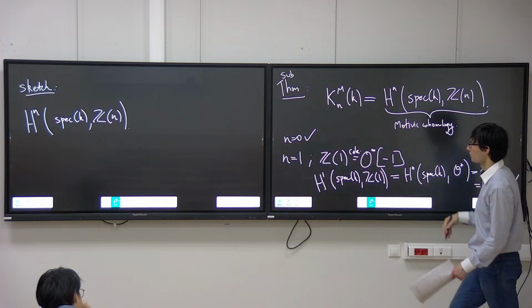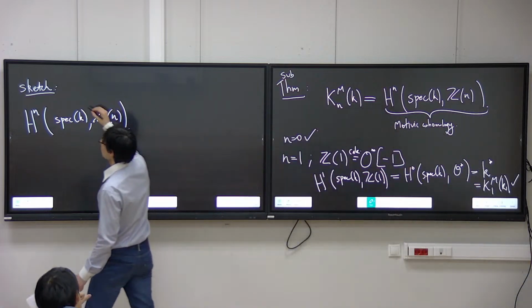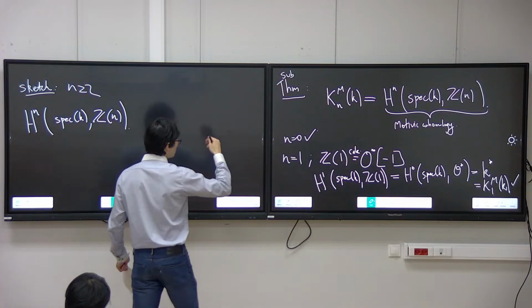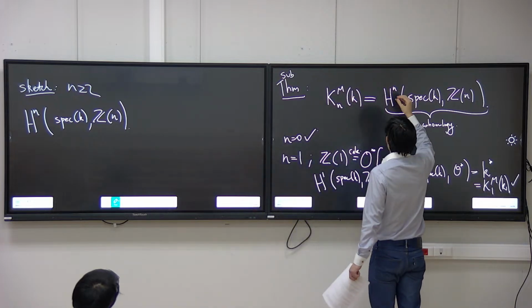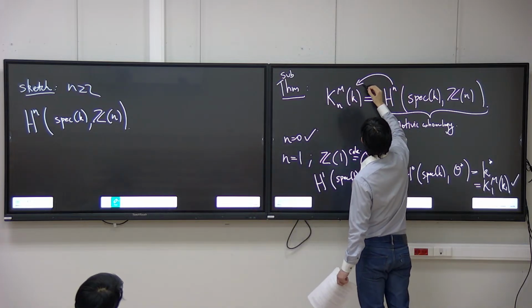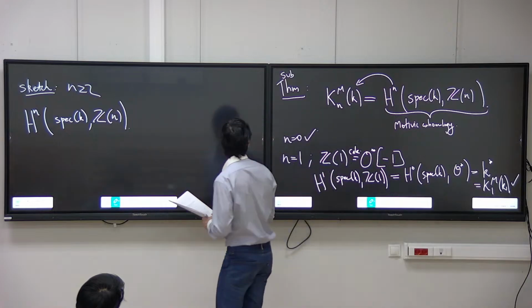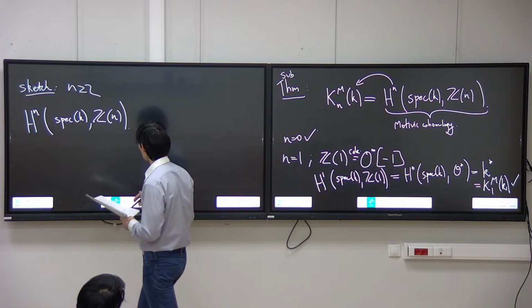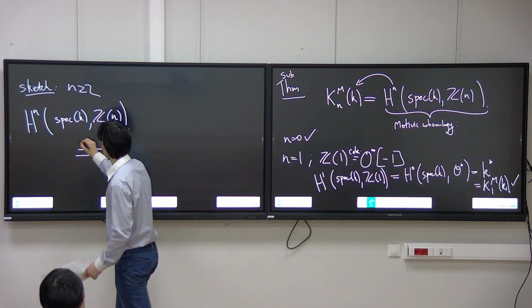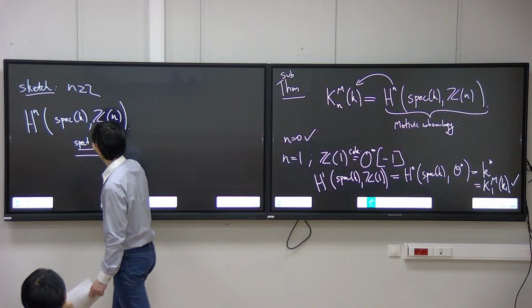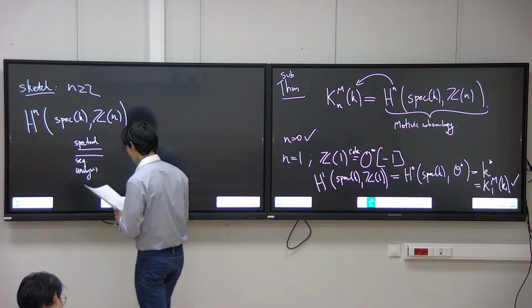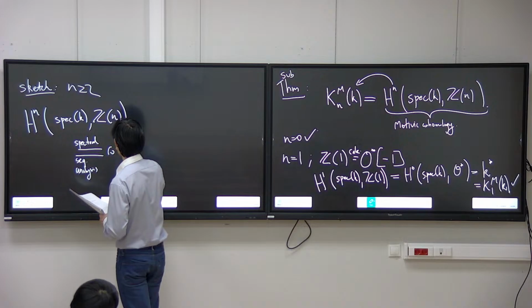So that's good. Then for higher n, for n greater or equal to 2, you need to construct maps between these two guys. For this map here, we need to understand a little bit what Z(n) here is. By some maybe spectral sequence analysis, this thing here is the cokernel.